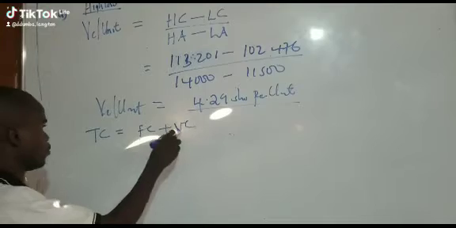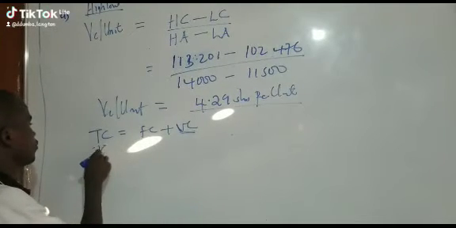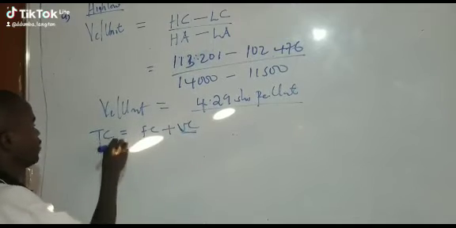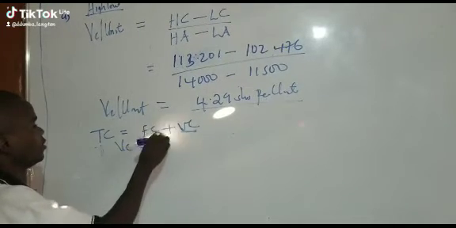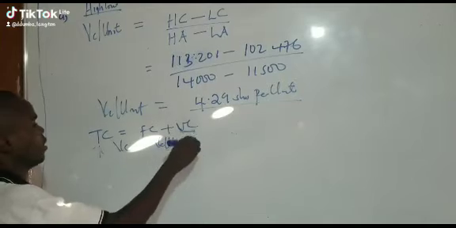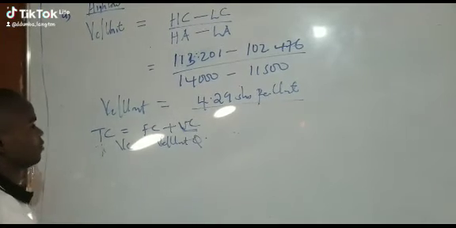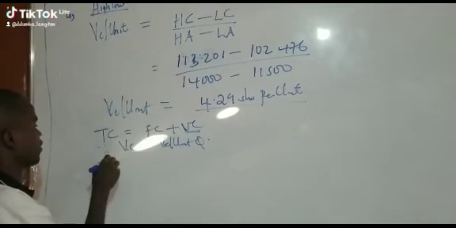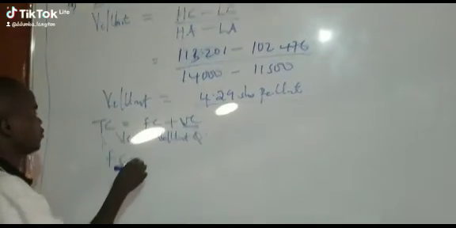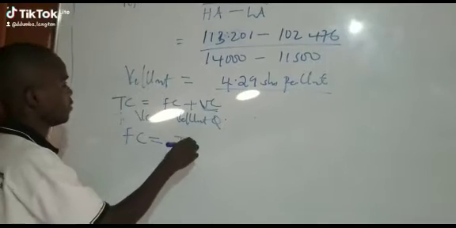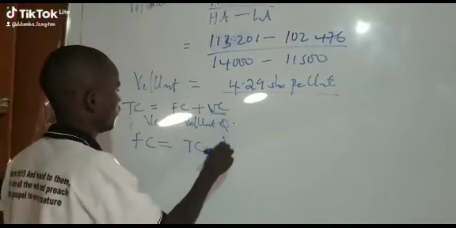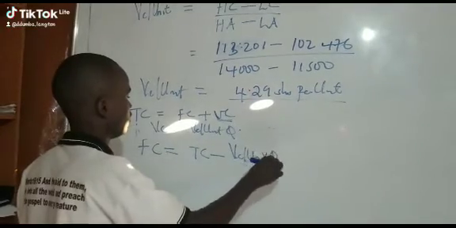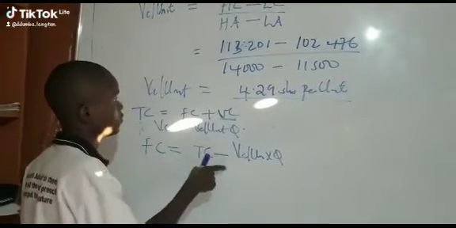And variable cost equals variable cost per unit times the quantity, because you need to know the fixed cost. From this formula, you can make fixed cost the subject. Therefore, fixed cost equals total cost minus variable cost per unit times the quantity. So this is the formula of fixed cost.